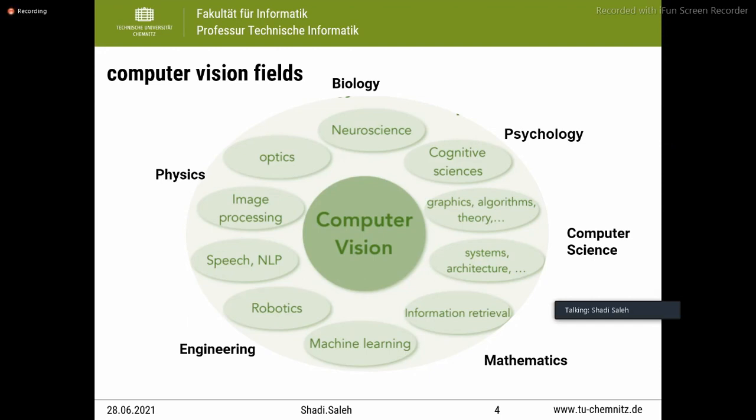But sort of, all the fields around computer vision: optics, image processing, natural language processing, robotics and machine learning, whatever. We touch on areas like physics, because we need to understand optics and image formation, and how an image is actually physically formed or created. We need to understand biology and physiology to understand how the animal brain physically sees and processes visual information.